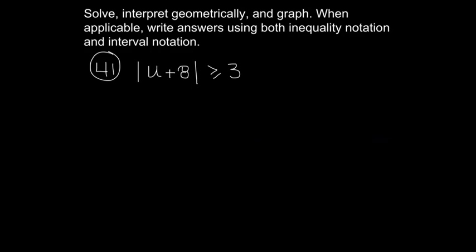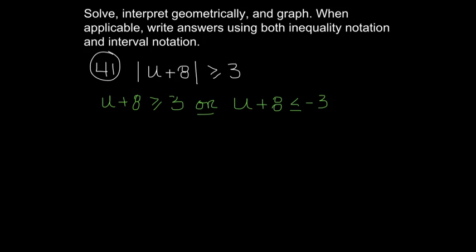Whenever I'm talking about absolute value being greater than a number, I can actually go off in two separate directions on the number line. So if I go a distance of more than 3 units in the positive direction, that would tell me that the u plus 8 could be greater than or equal to positive 3. Or if I go more than 3 units in the negative direction, u plus 8 could be less than or equal to negative 3.